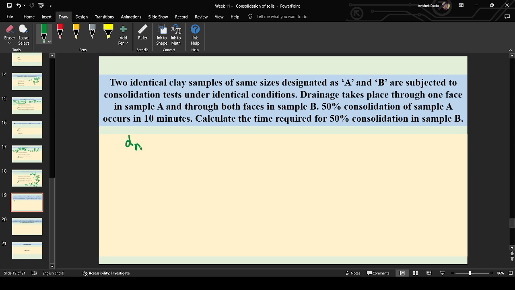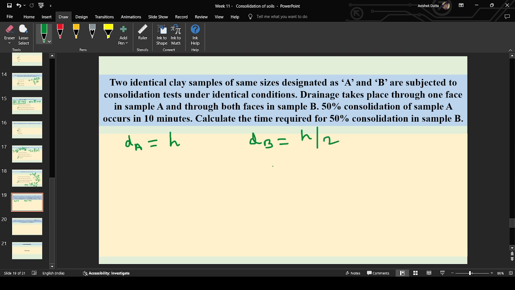So for A, drainage takes place on one face in sample A, so it will be H, single drainage. For B, it will be how much? Same size, H by 2, right? H by 2.